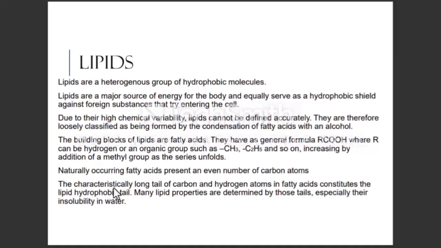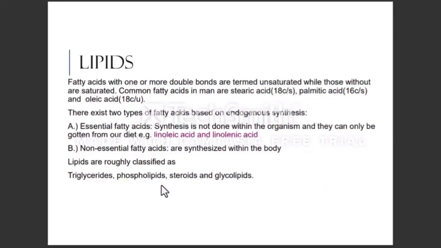The characteristically long tail of carbon and hydrogen atoms in a fatty acid is the hydrophobic tail. Hydrophobic means they don't like water, so they don't dissolve in water. Many lipid properties are determined by those tails, especially their insolubility in water.